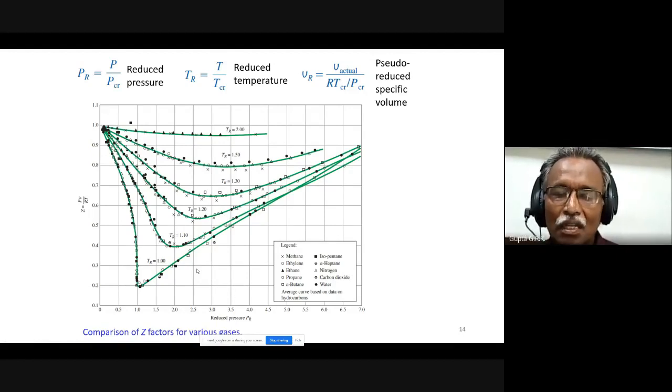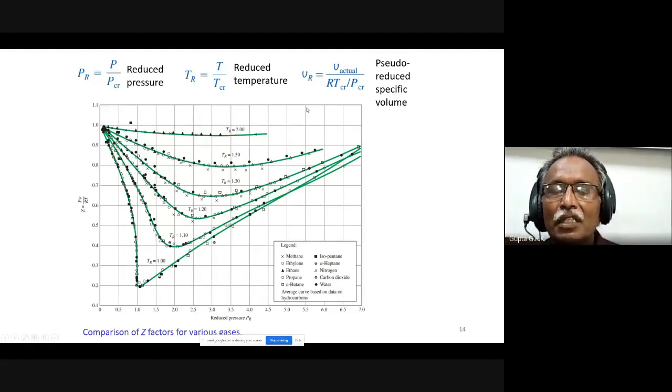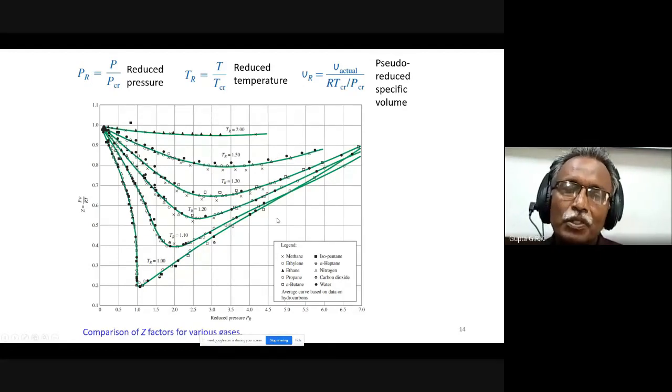For each gas, I will have a separate set of graphs. So I cannot keep so many graphs and I have to check which graph is to be used for my particular problem. Instead, if I take these non-dimensional reduced conditions of pressure, temperature, and specific volume, all graphs collapse to a single graph. So this is a universal graph.